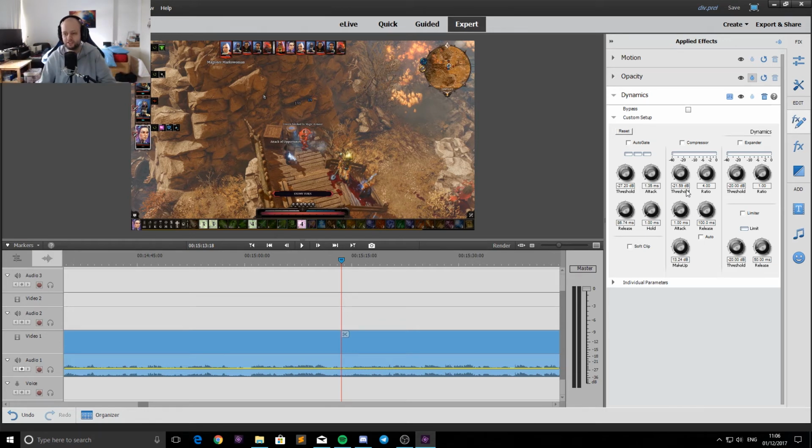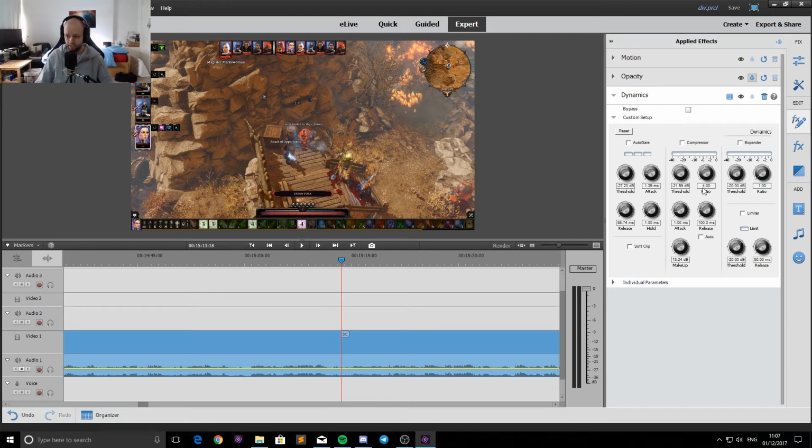So I've chosen 4 because I think it's a good balance number. For this particular project, we don't have very high transients. We don't have huge peaks in our signal, so we don't need to limit the top of our signal very hard. We don't need very hard compression. 4 is going to be enough for us.